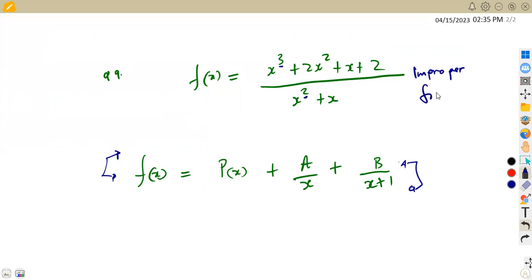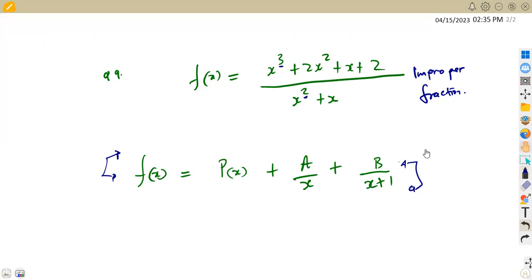So if it is an improper fraction, how are you going to simplify it? On condition that the degree of the numerator is equal to or greater than the degree of the denominator, you divide.